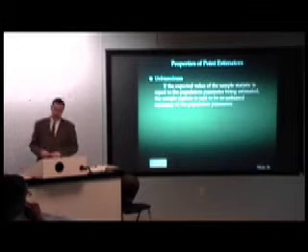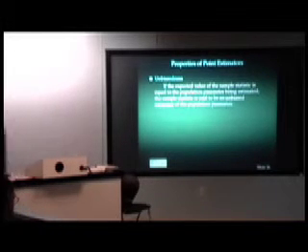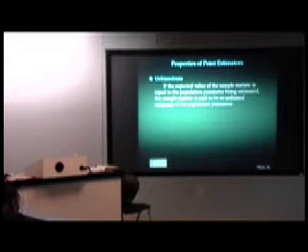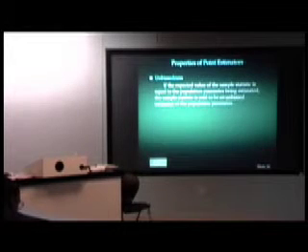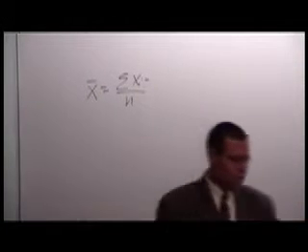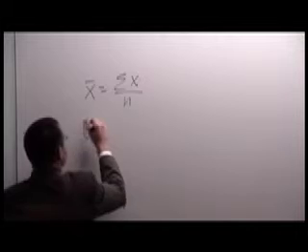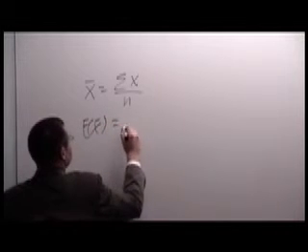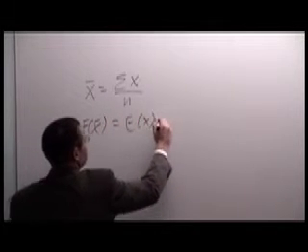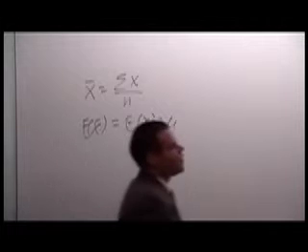As an example, actually every estimator we've seen, for instance x bar, that is an unbiased estimator. So the expectation of x bar is equal to the expectation of x is equal to mu.